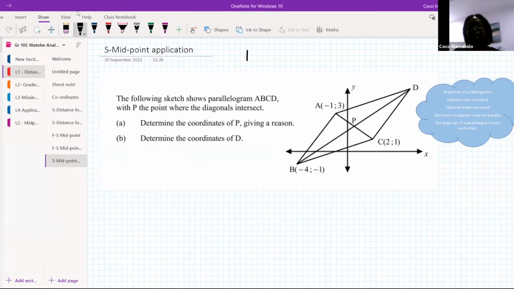A bit of a reminder here. Midpoint formula.